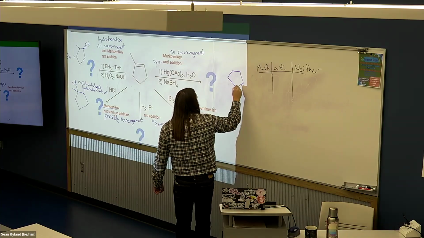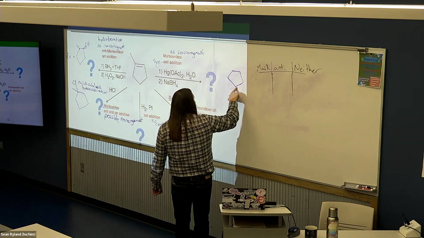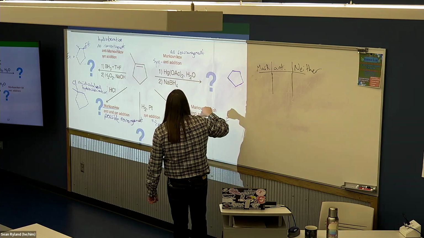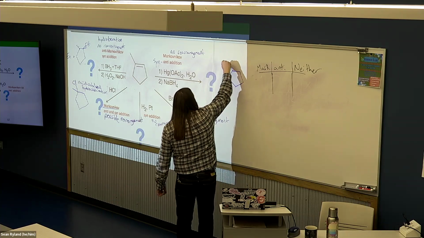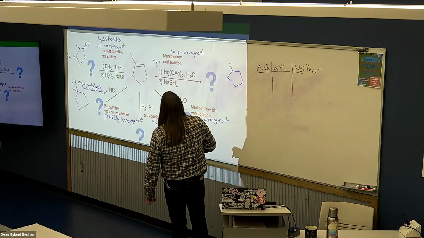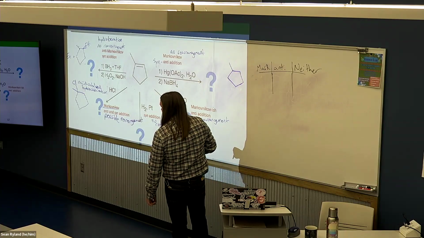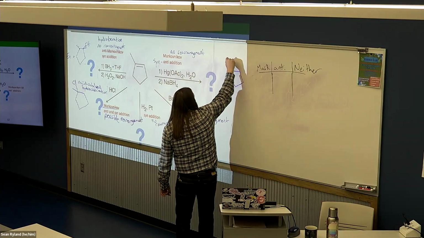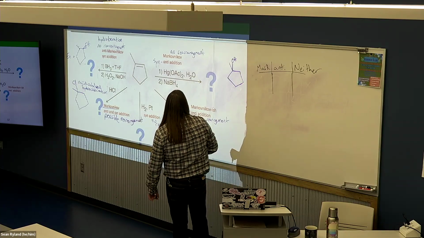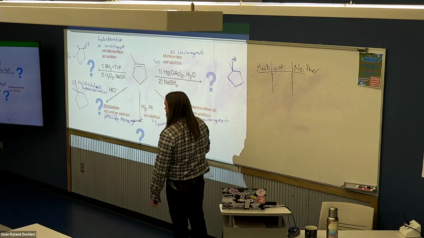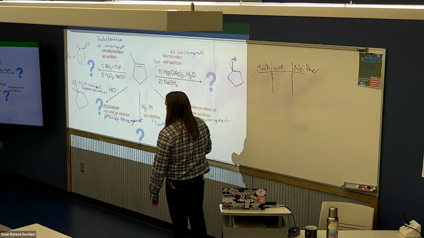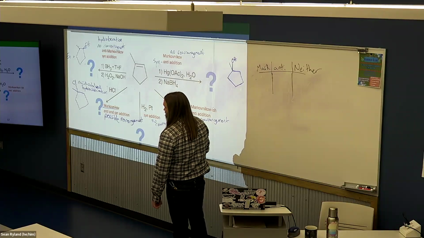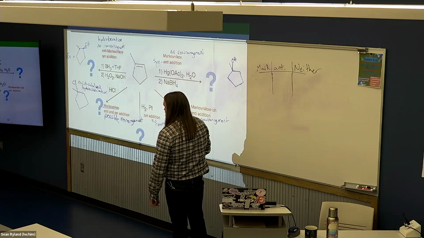Drawing a pentagon upside down should not be that much harder than drawing it regular, but it is today. So it's Markovnikov. Yes, because when you have the inverted one, it goes on like that.